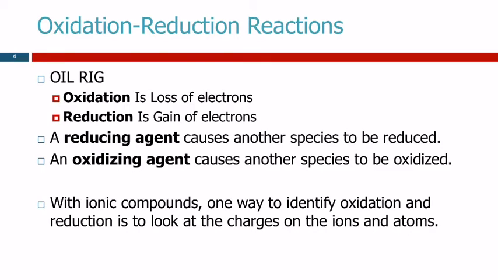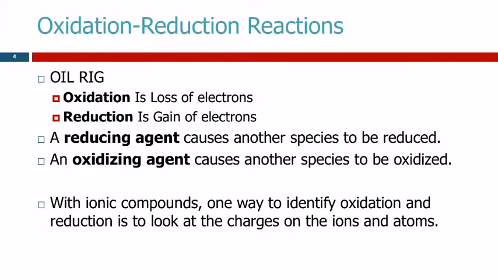Well, how do we identify what's going on? What's being oxidized, what's being reduced? When we're dealing with ionic compounds, it's fairly easy because we can just look at the charges, just like the example we looked at with copper and zinc. We can see, oh, the zinc went from zinc atoms to zinc ions. How did that happen? It lost electrons. Is that oxidation or reduction?